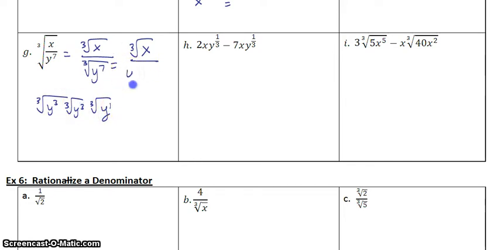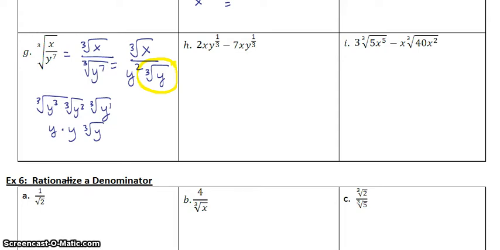And either way, I end up with y squared outside, and I end up with the cubed root of y underneath. And by the way, this is not fully simplified, but we're actually going to learn about how to make it fully simplified in example 6. So for now, we're just going to leave that one as is and say that's our final answer.